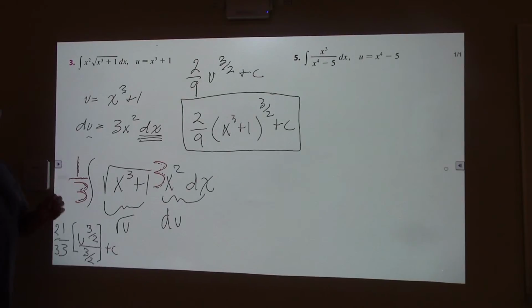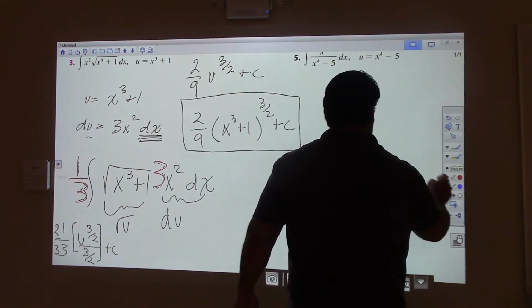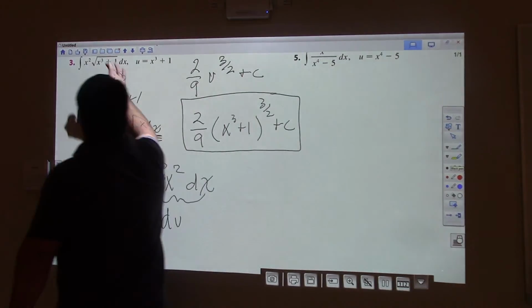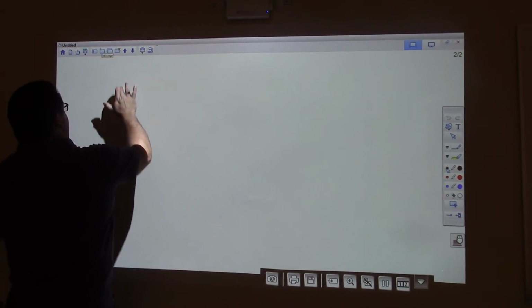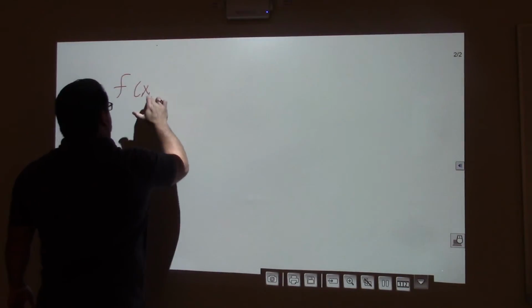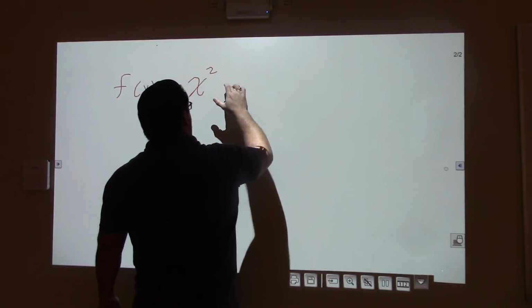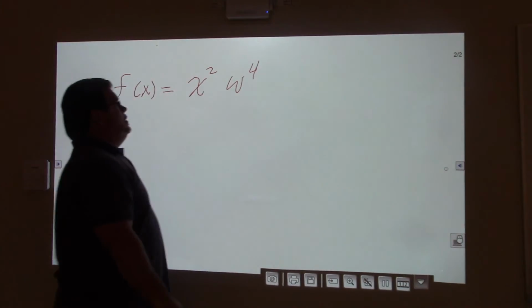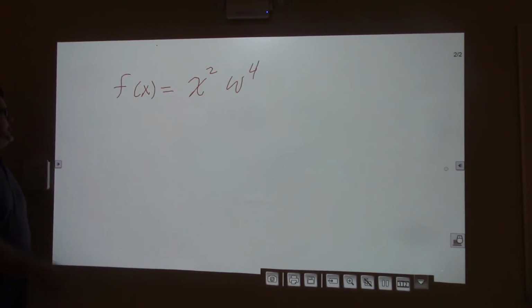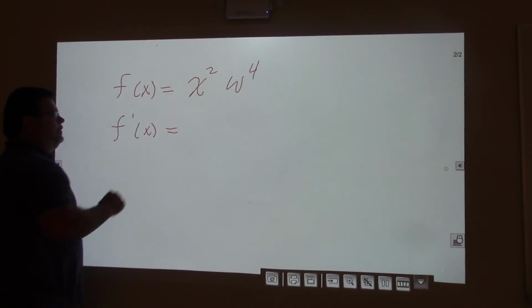In order to take the derivative of something, okay, let me go back. Let me do something here. All right. f of x is equal to x squared w to the 4th power. I want you to tell me how to find the derivative of this.